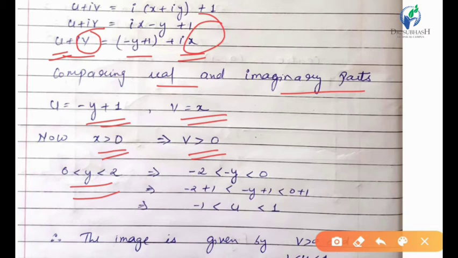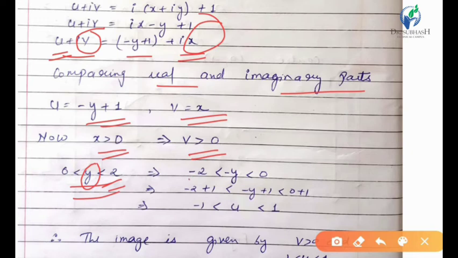Now here the relation between y and u is u equal to minus y plus 1. So to obtain this in the form of u, first we have to convert this y into minus y plus 1. So we will multiply by minus 1, and here our sign will be changed.